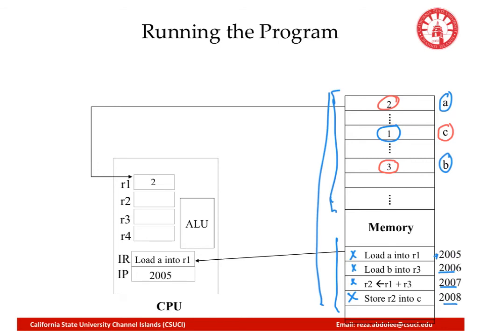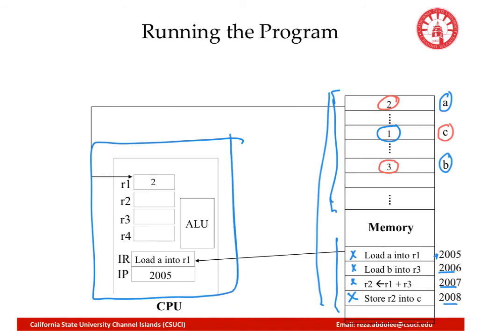So this is basically our CPU that interacts with the memory. Okay. So the first instruction is the load instruction. We said that the instruction register contains the current instruction being executed by the CPU, and the instruction pointer is a register that points to the address of that instruction within the memory.